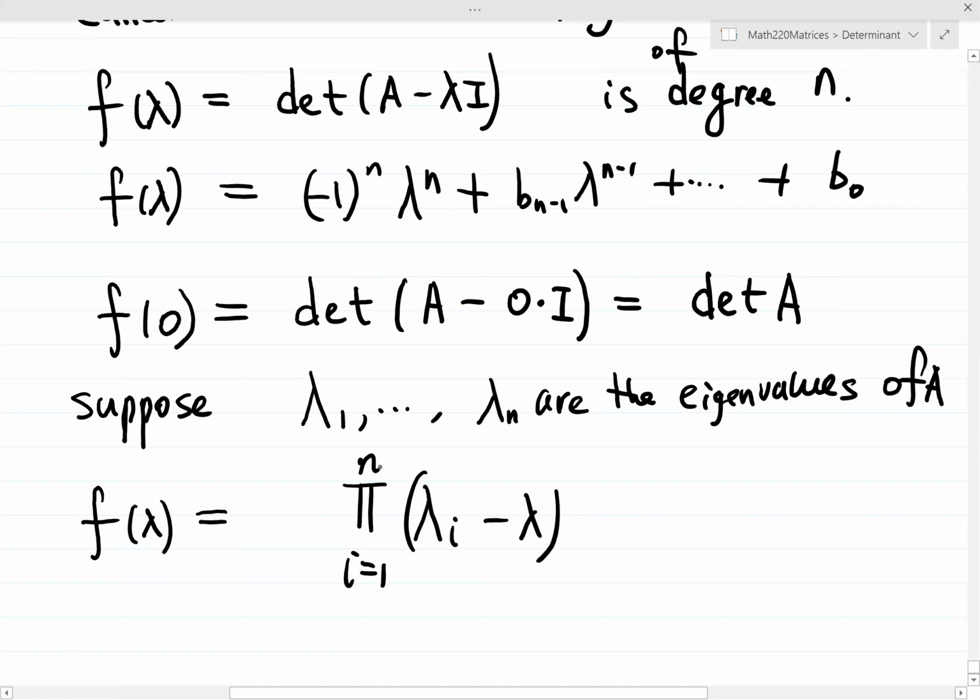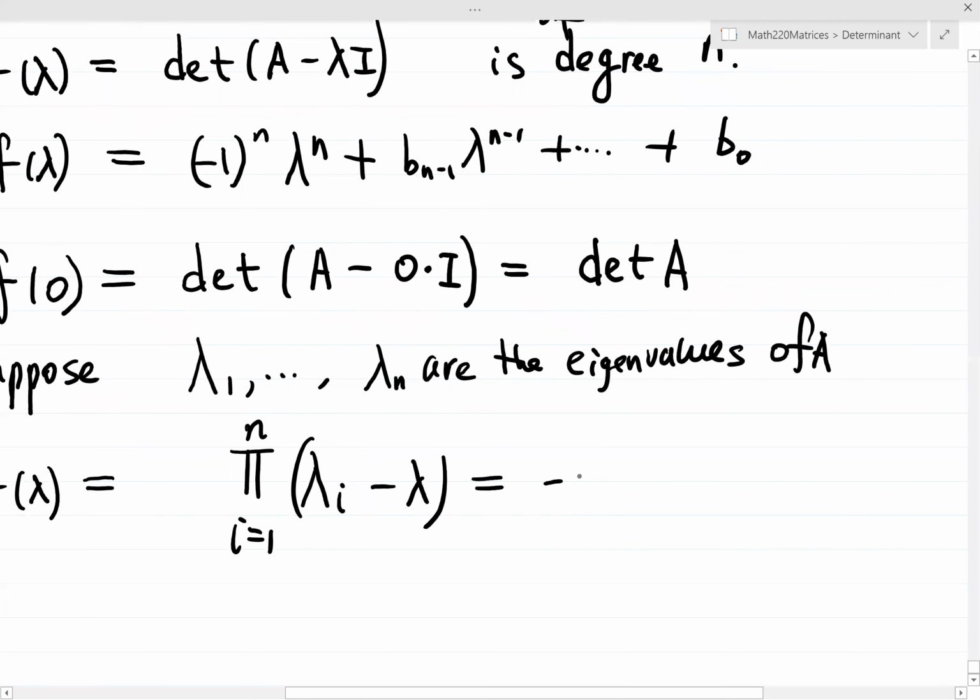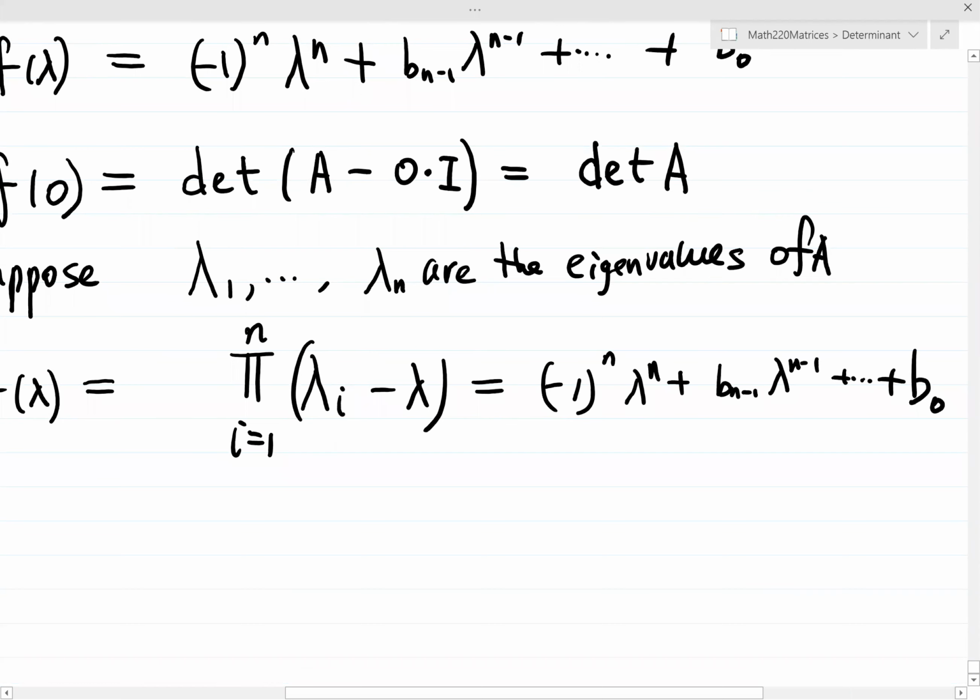You can check if you plug in lambda 1, lambda 2, lambda n, you get exactly 0. And the highest coefficient is (-1) to the power n. So this equals (-1)^n lambda^n plus b(n-1) lambda^(n-1) plus etc. plus b0. Now we take lambda equal to 0.